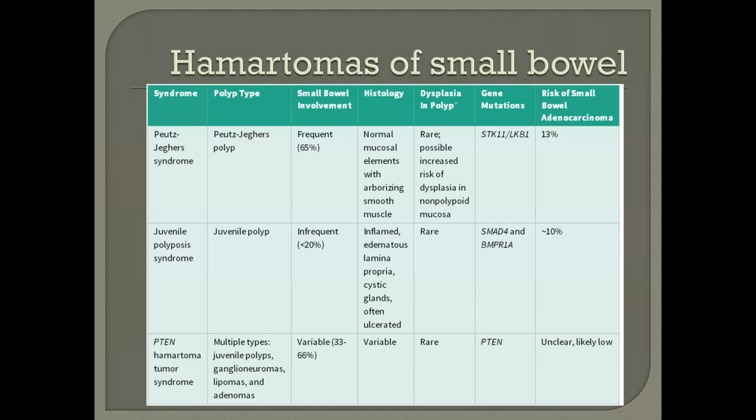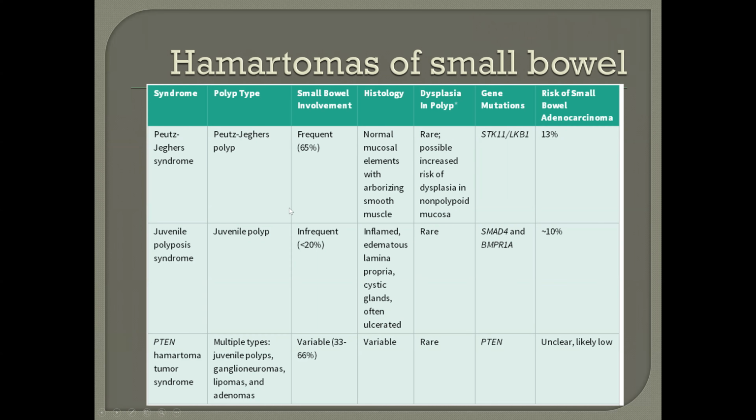We'll move on to hamartomas of the small bowel, and I would alert you to some companion videos that we've done recently on Peutz-Jeghers polyps and juvenile polyposis, both worth a moment or two of your time. These, as I would emphasize, are hamartomas, and by that, typically we would expect to see normal mucosal elements involving these things with other components like stroma and so forth.